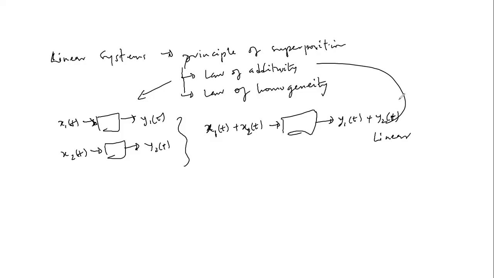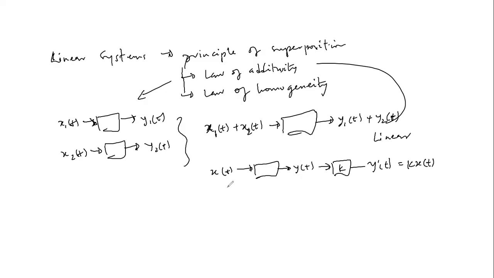Okay, and then for the law of homogeneity, should we have a system, say, with S of t transmitted through a system, and then we get Y of t, and then we multiply this Y of t with a scaling parameter K, then Y prime of t should be the same as K times Y of t.